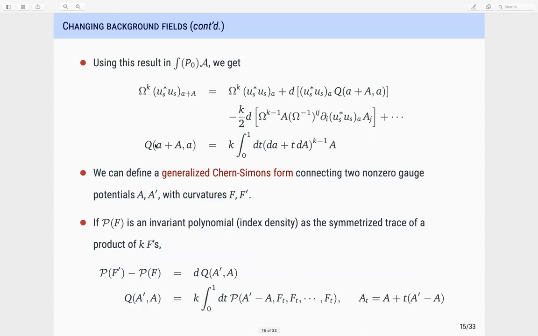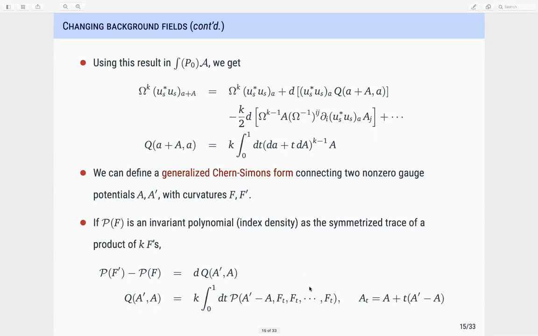So this is following from the calculation I outlined already, but let me now define what a generalized Chern-Simons form is. Here is how we define that. We take an invariant polynomial. Remember, we are eventually going to use index densities as the invariant polynomials. So we have some invariant polynomial involving the curvatures, symmetrized trace of products of F's, and so on.